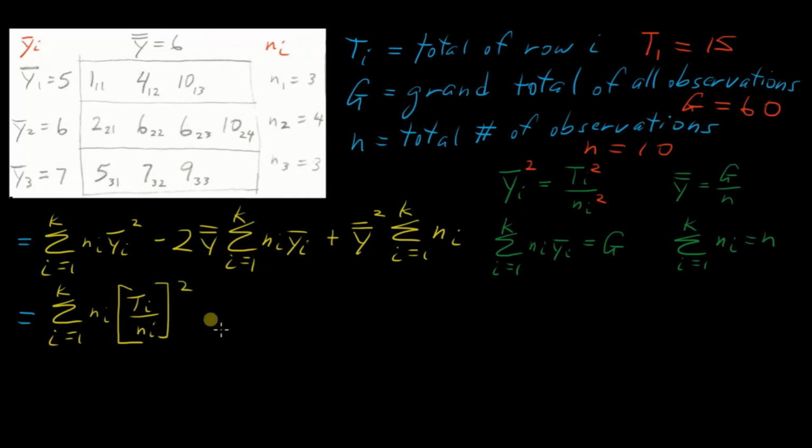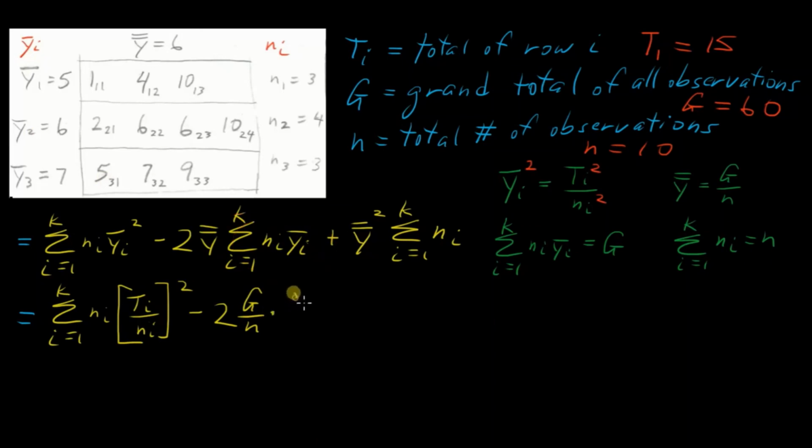Okay, so we'll leave it like that for now, and moving on. We already know this thing is just G over N. And then we've already seen that this thing is just another G.